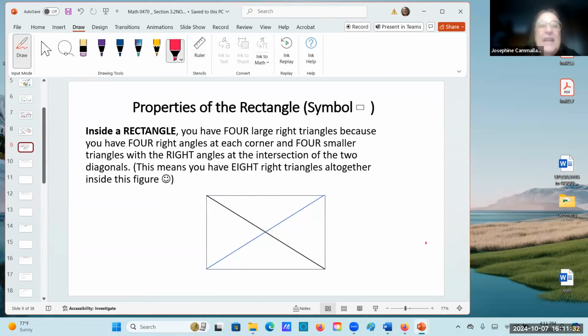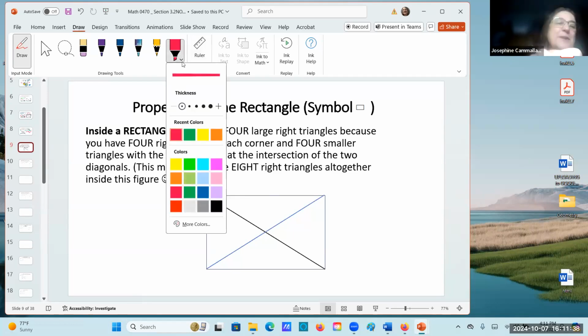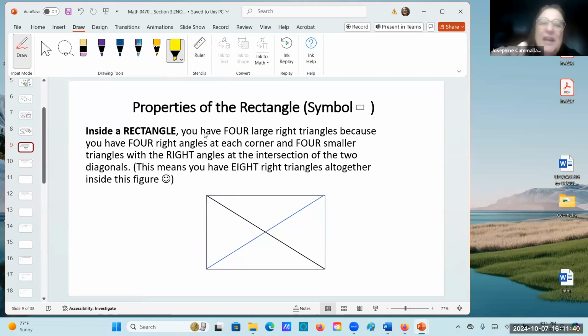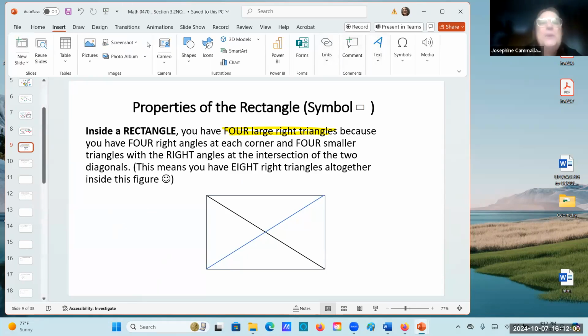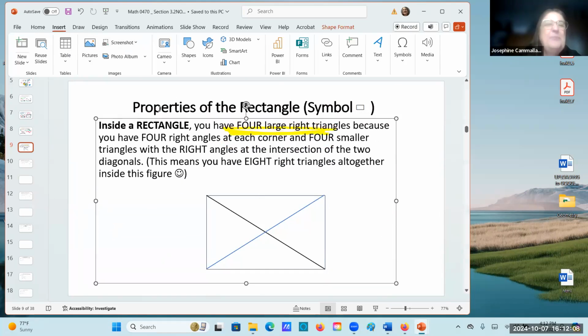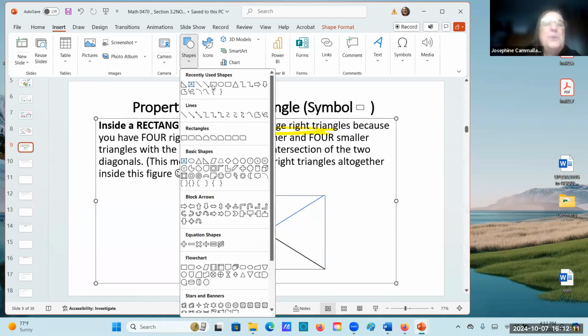Now, this rectangle, this is the part that people don't really understand. We have four large right triangles. I was hoping to try and copy this picture, but I'm having a little trouble here. So how about if I do it this way? I'm going to add another picture here.